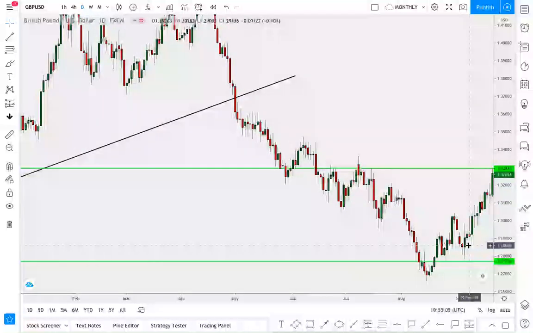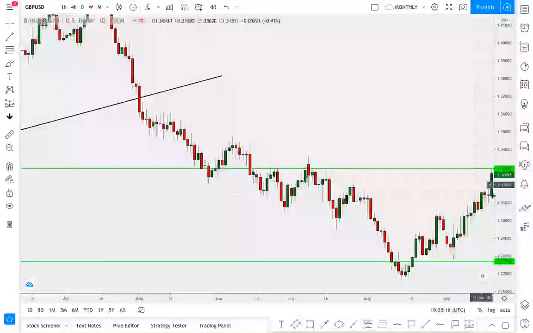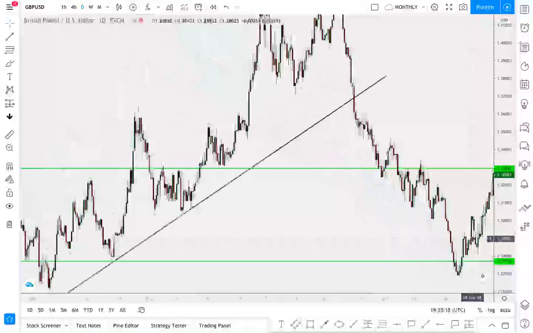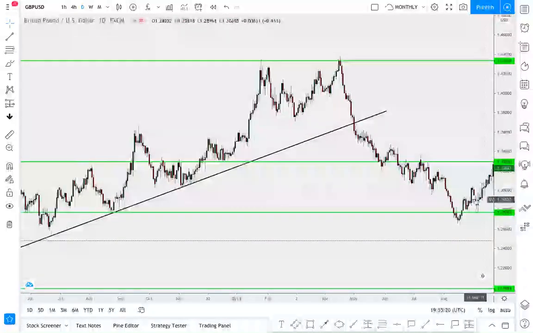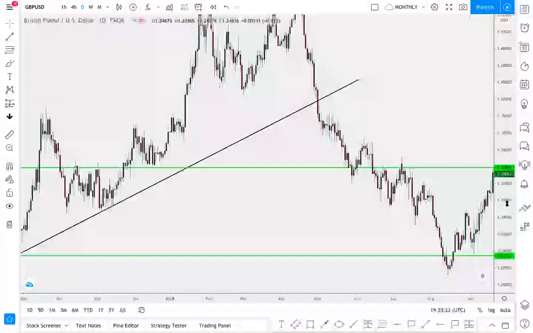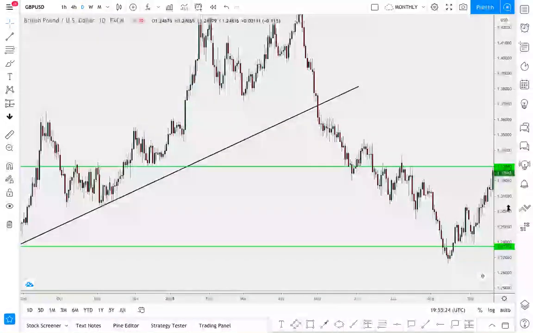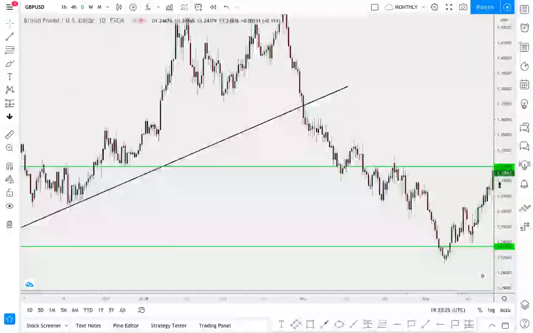Now, it is very natural that at this point you're like, oh my God, none of these kind of setups look to be happening here. Like, what do I do? What do I do in this situation? Now, what you do is this. You do nothing.